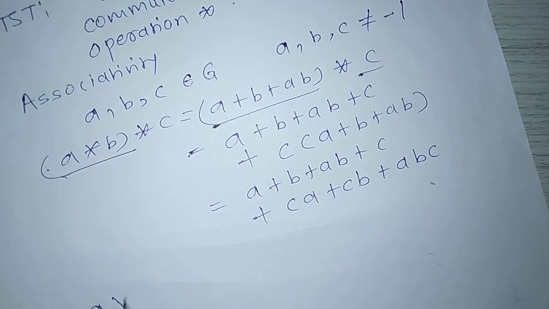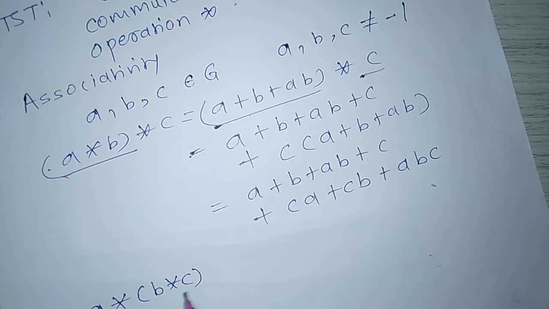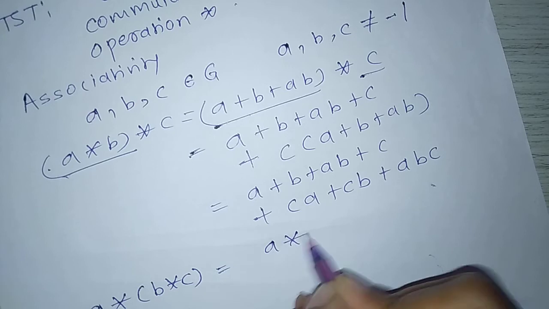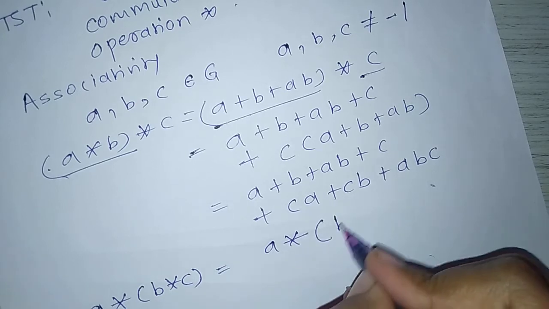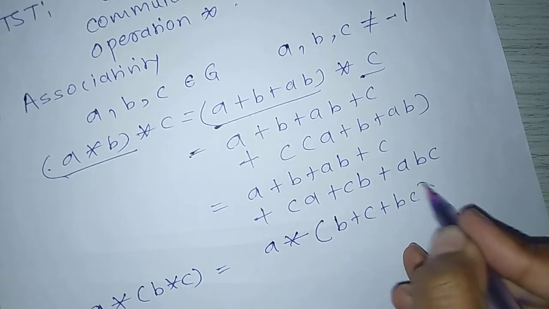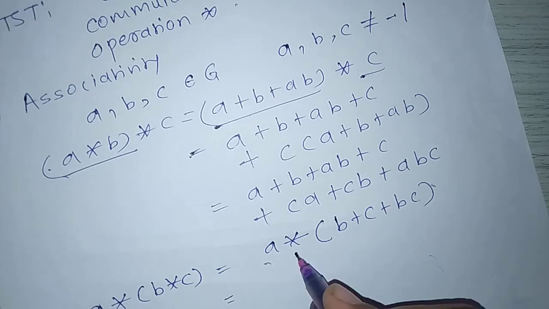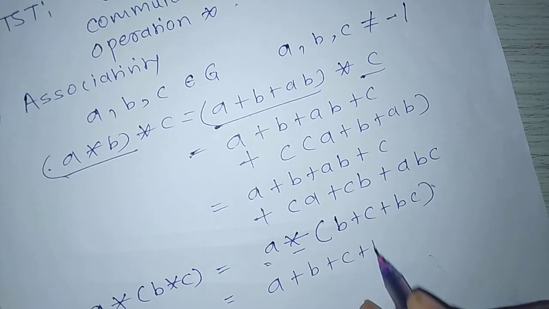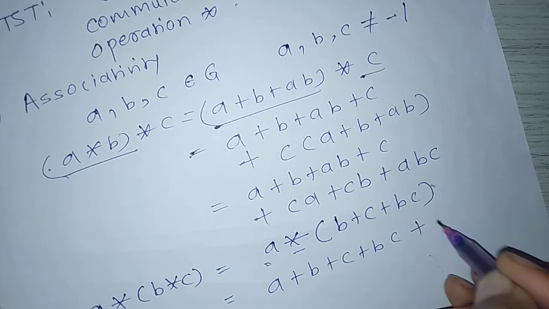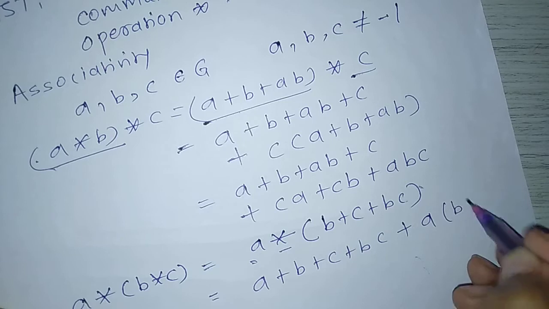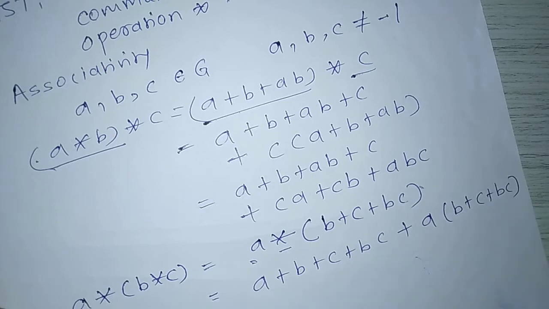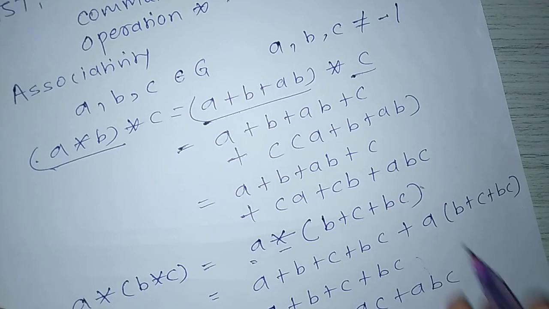Now check A star (B star C), which is equal to A star as it is, B star C is B plus C plus BC. By definition of star, we get A plus B plus C plus BC plus A into (B plus C plus BC). We get A plus B plus C plus BC plus AB plus AC plus ABC.